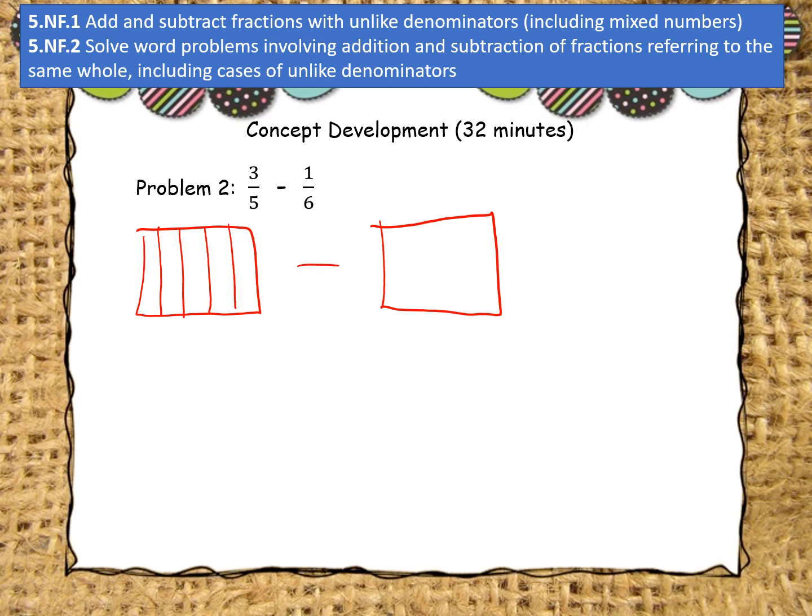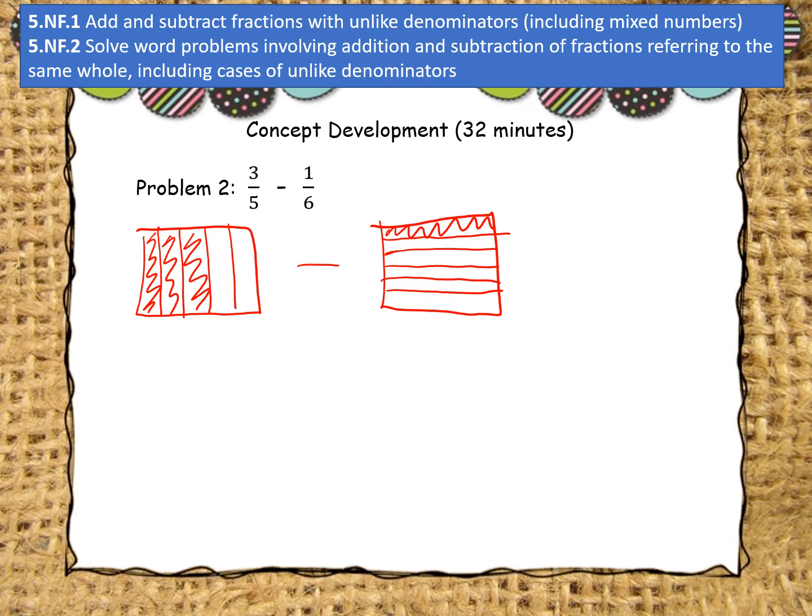And then we need to show sixths. So I'm going to do the half first. 1, 2, 3, 4, 5, 6. Perfect. All right, so let's show 1/6, and we want to show 3/5.